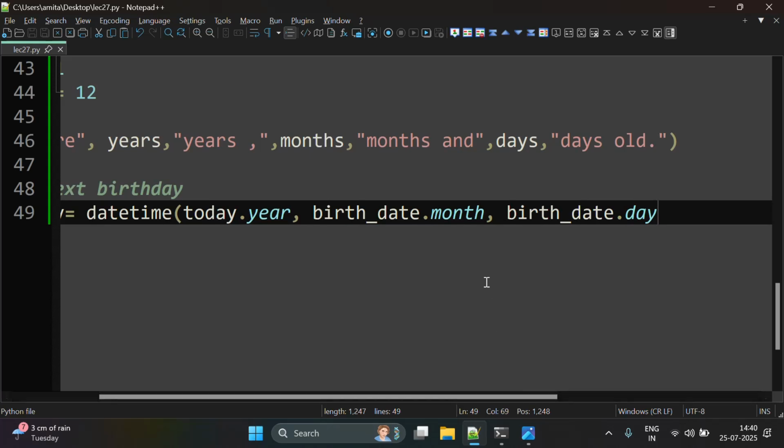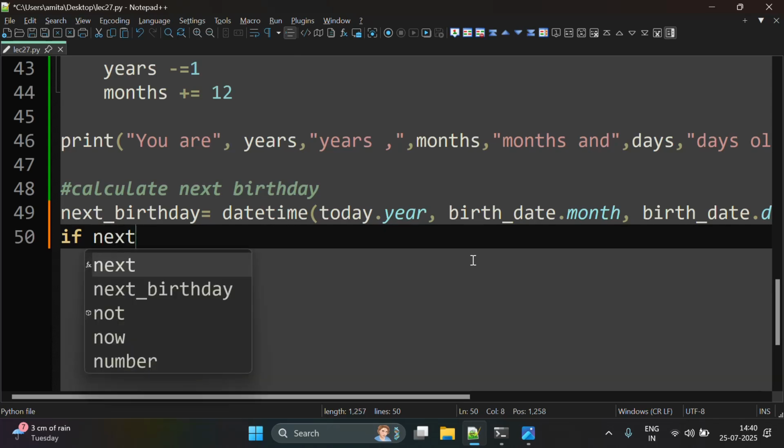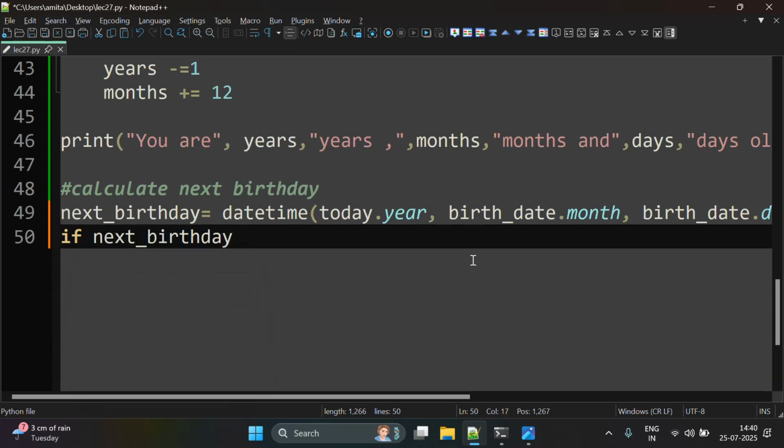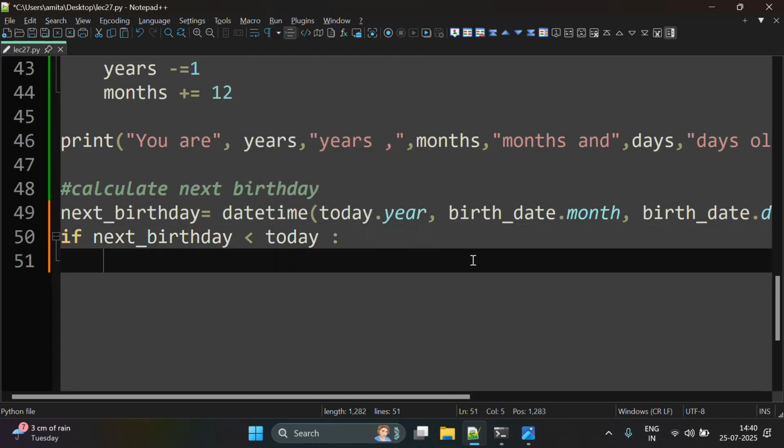Okay, and then close the parenthesis, and if next birthday is less than today. So it means, like, today is 25 July.